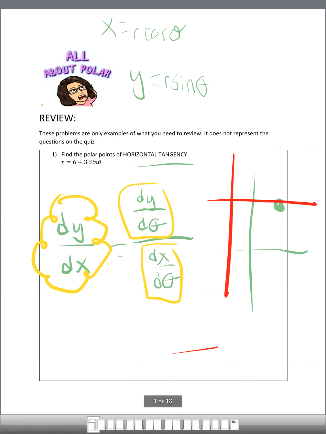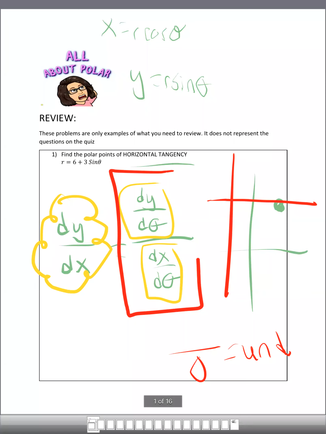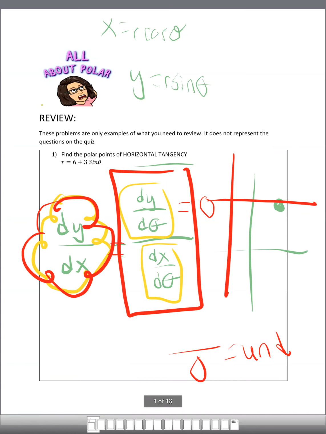That's when you have a 0 in the denominator and it's undefined. But horizontal tangency means that the slope is 0. So in terms of this important formula, we need to figure out when the numerator is going to be equal to 0, because that is when your entire slope is going to be equal to 0.